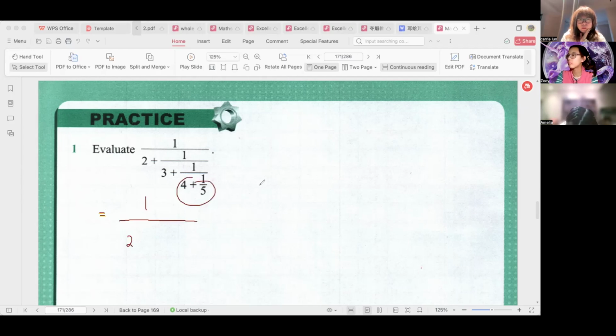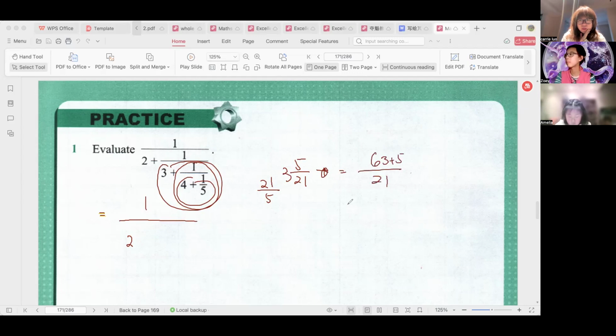So this one is 21 over 5. This one will be 5 over 21. And this one will be 3 and 5 over 21, equals 63 plus 5 over 21, equals 68 over 21. And 1 over that equals 21 over 68.